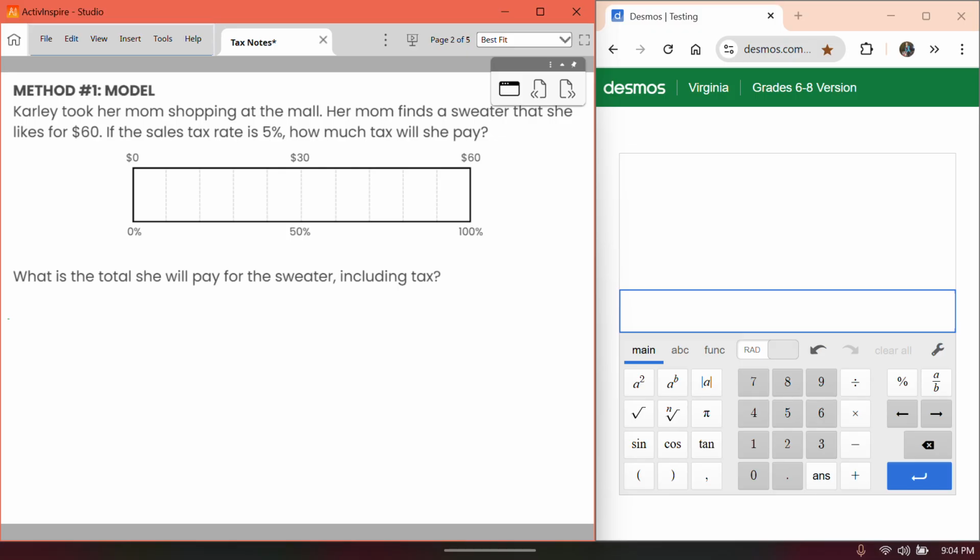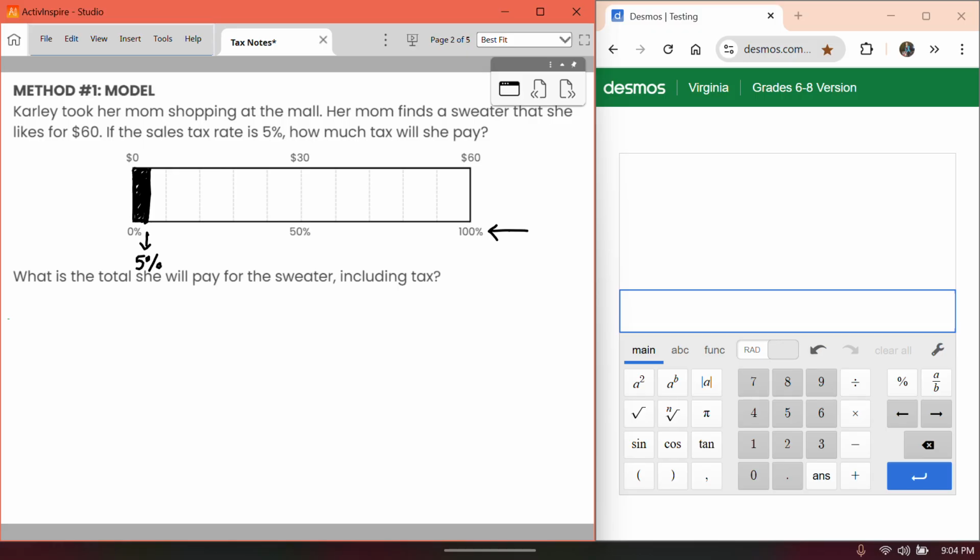So 5% of this bar model is going to be half of one of these blocks. So I'm going to shade that in, and then we're going to talk about what that means. Okay, so we know that that's 5%. Let's write it down here, out of 100%, which you can see down here at the end.